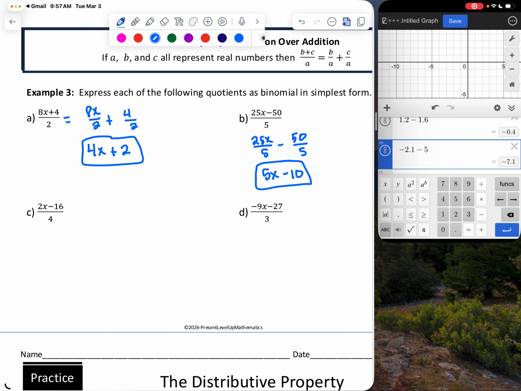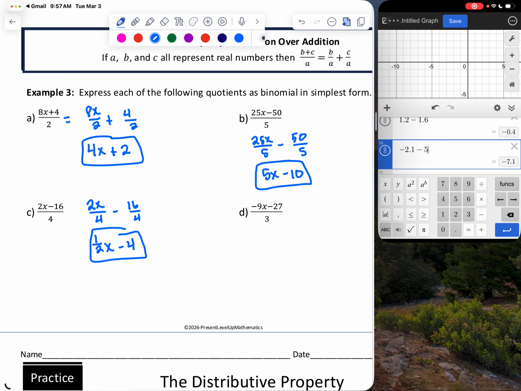All right, in problem C, we have 2x minus 16 divided by 4. So that's the same thing as 2x divided by 4 minus 16 divided by 4. So 2x divided by 4. 2 divided by 4 is 1/2 x, and 16 divided by 4 is 4, minus 4.